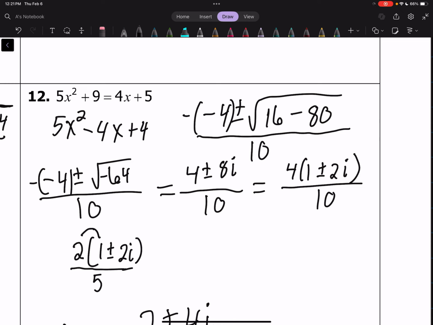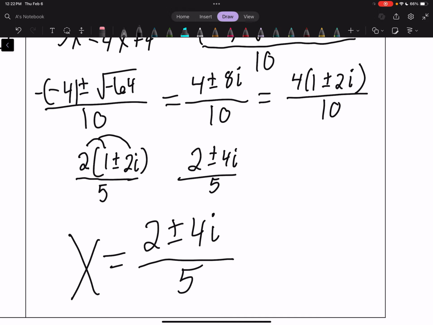And I'm going to redistribute this 2 to simplify. So I have 2 plus minus 4i over 5. There we go. You know, I got kind of jumbled up at the end, trying to go too quick, trying to combine steps. There's how you get the answer.